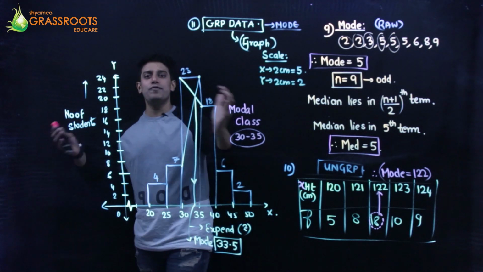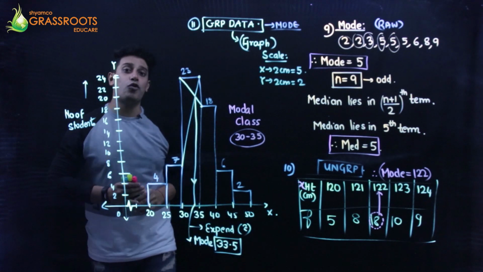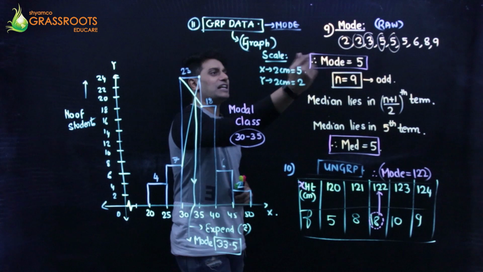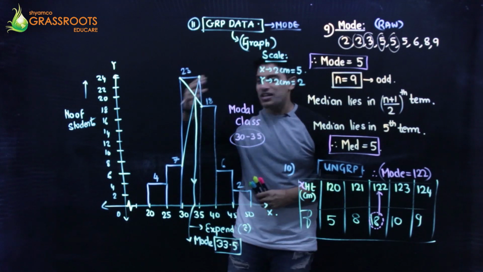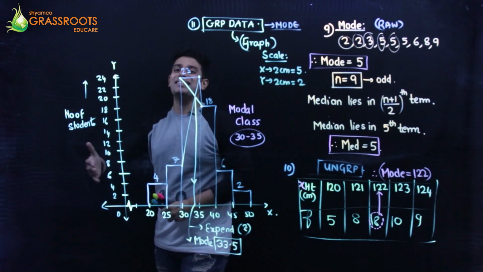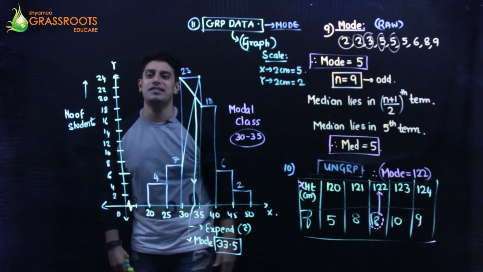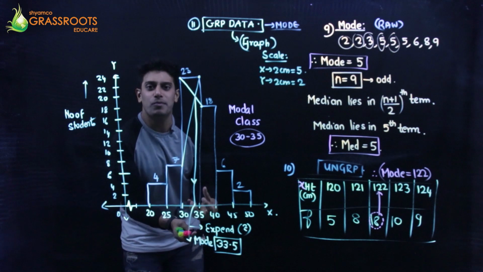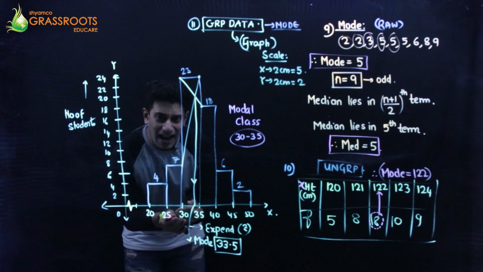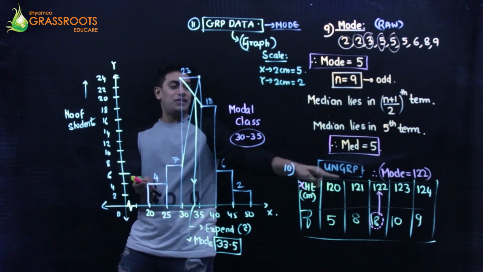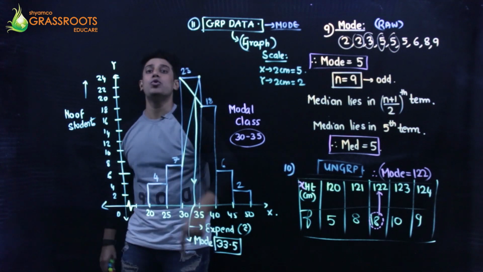So can I just review all the 3 types for mode? When raw data is given, you just count, see who comes maximum number of times. That's the mode. When ungrouped data is given, select the maximum frequency. And the X of that maximum frequency is my mode.